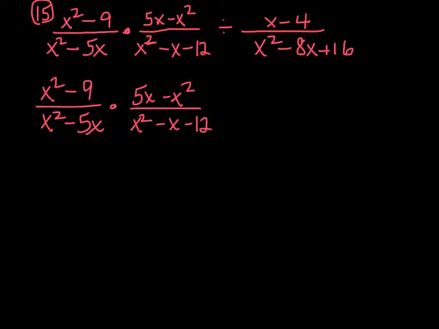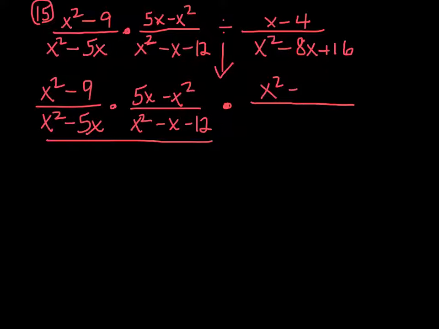Now it says change. So what we're going to do here is we're going to take this division and we're going to change it to multiplication. That's what, when it says keep, change, flip, we're keeping all of this. We're changing that division to multiplication. And when it says flip, what we'll actually be doing is taking the fraction that comes after the division sign, and we're going to be flipping it.